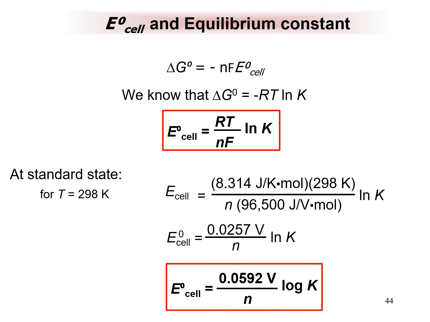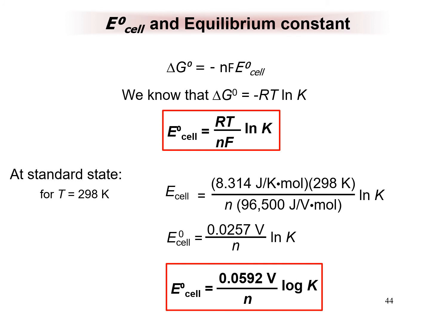If I plug in those values, that would give you this right here: E naught of the cell is equal to either 0.0257 volt over n times natural log of K, or 0.0592 volt over n times log K. So you can use either of these equations, or you can just go with the equation on top as well, whatever you feel comfortable with.